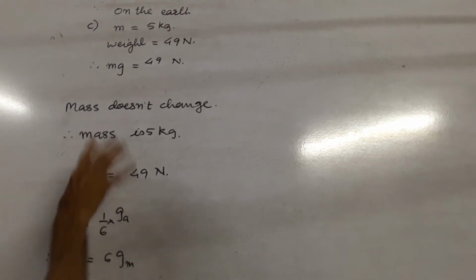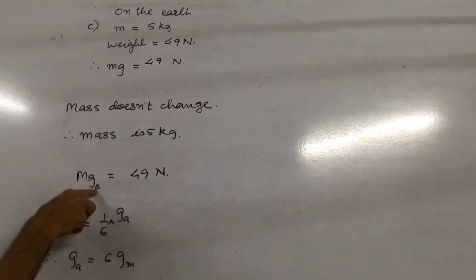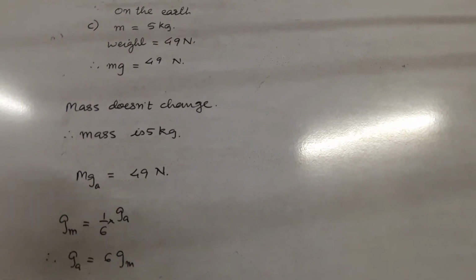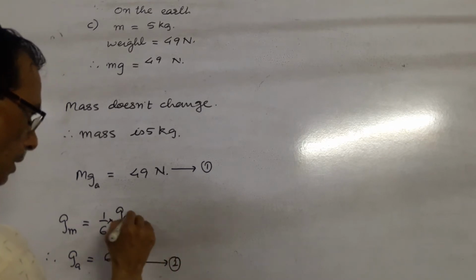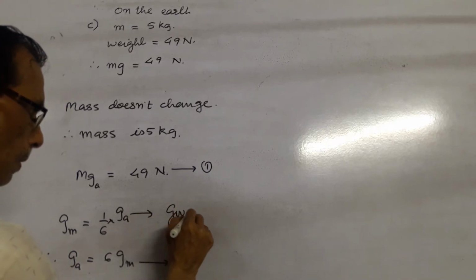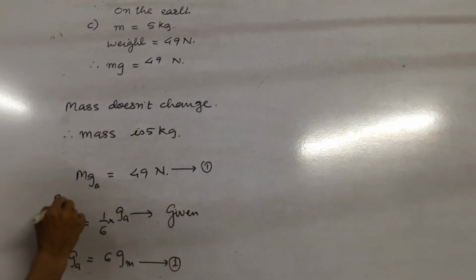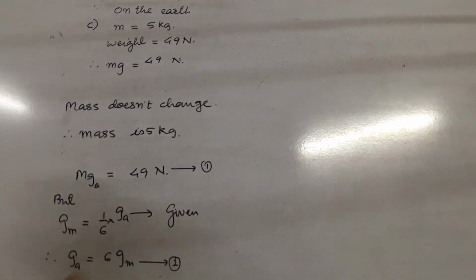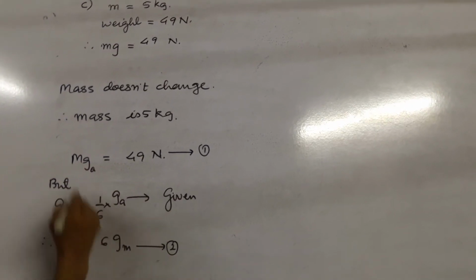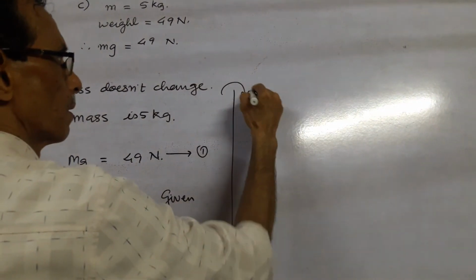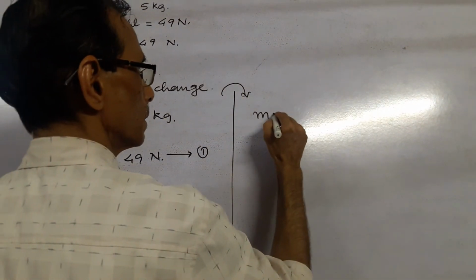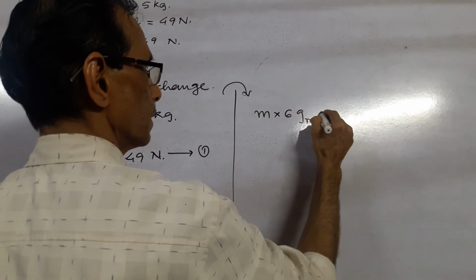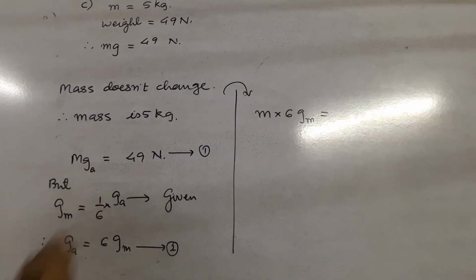Now we know mass into gravitational acceleration is 49, as given. So suppose this is first and this is second. From first and second we write m into Ga, but Ga is equal to 6 Gm, so m into 6 Gm is equal to 49.